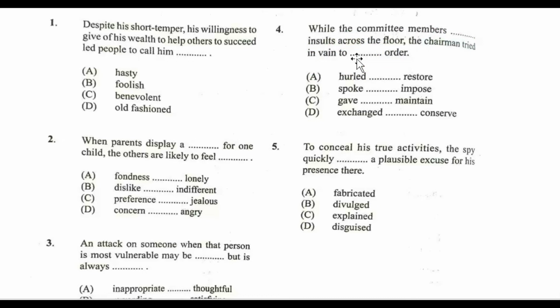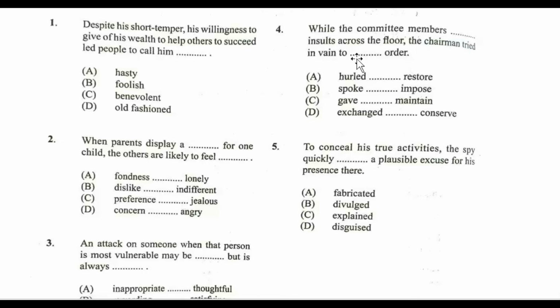So what did they do? So here we get an idea. Visualize it. Students, always visualize the scenario that is presented to you in the sentence. So we have an idea of a meeting. While the committee members are possibly at a meeting, in this meeting they are throwing insults.